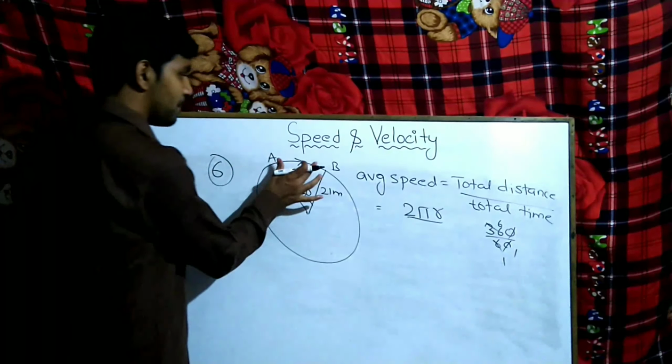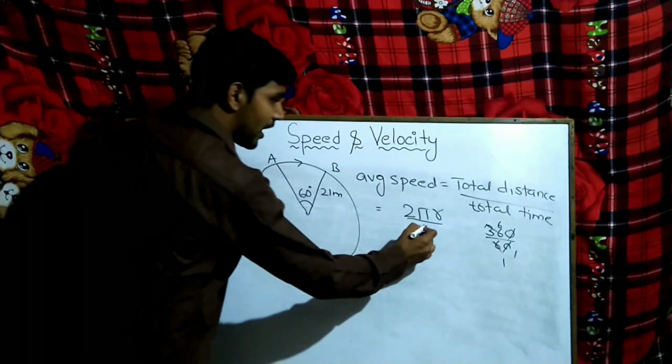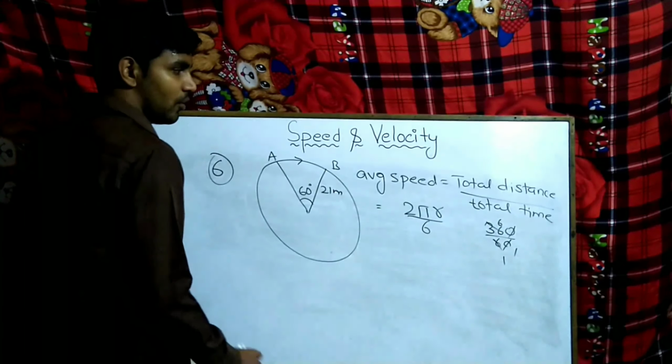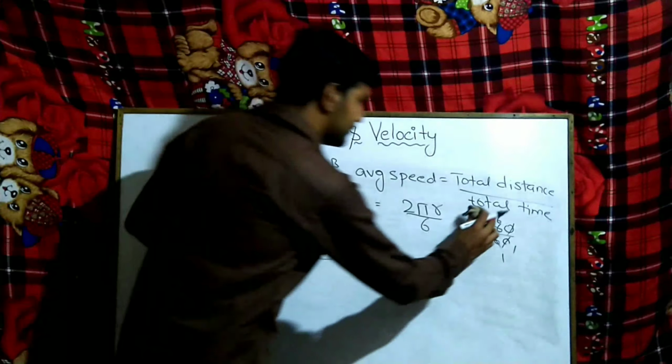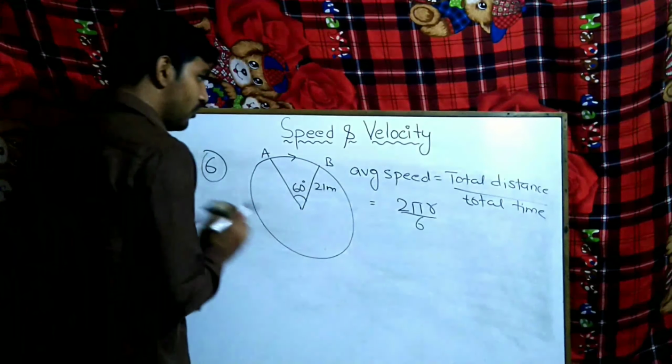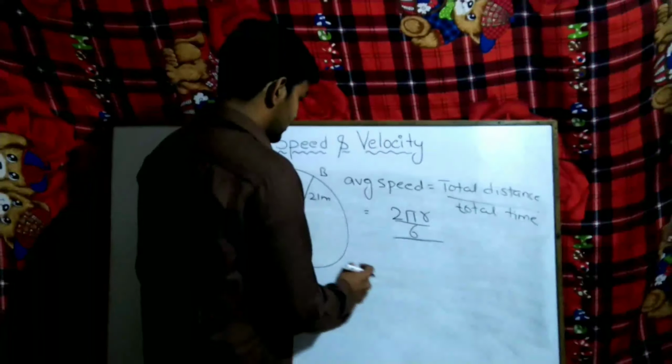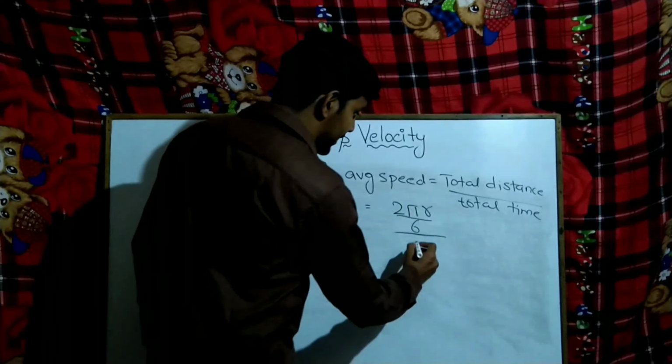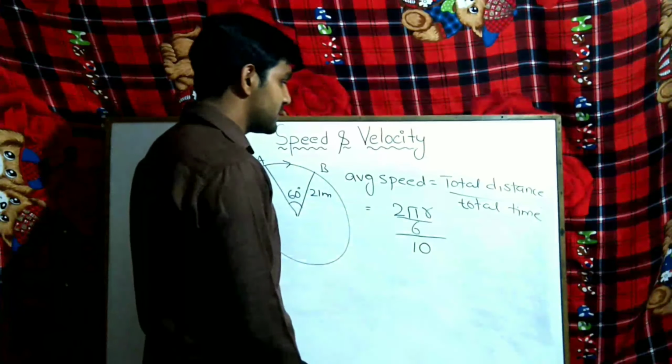So this is the sixth part of the circle. That is why I will divide by 6. I hope you are clear. Now total time: time is given as 10 seconds.